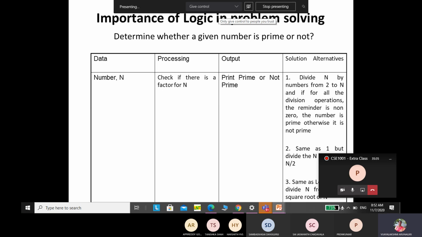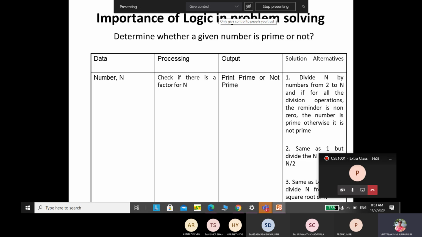I have to divide from 2 to 110. Is it correct? So it will take time, right? I have to repeat the process 110 times. It is a very lengthy process. Is there any other alternative solution to find a prime number?